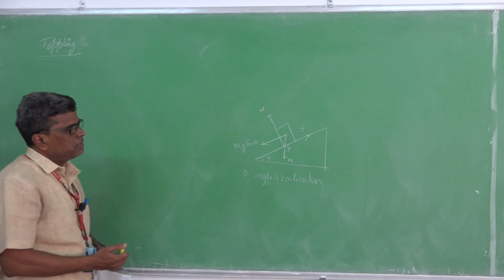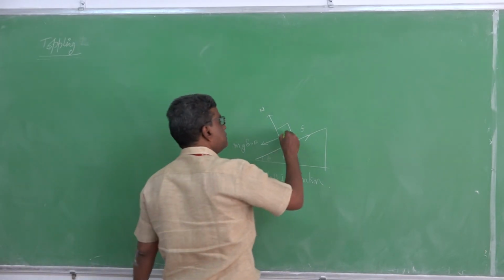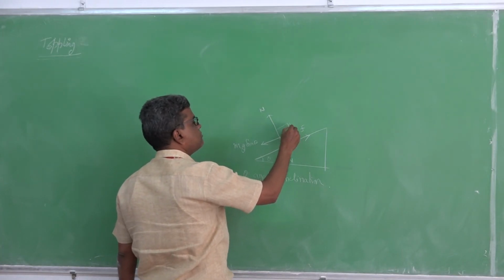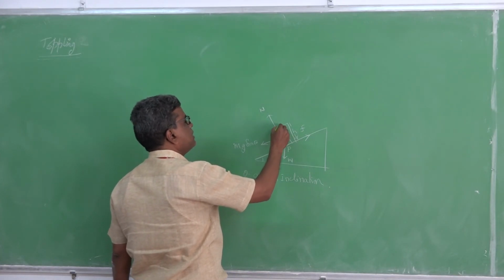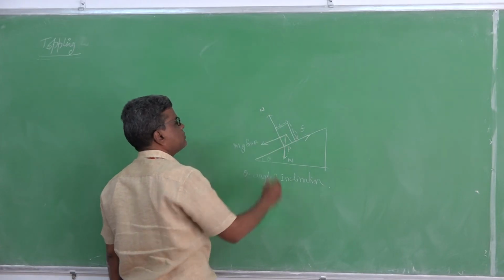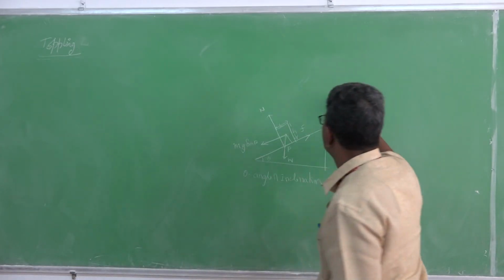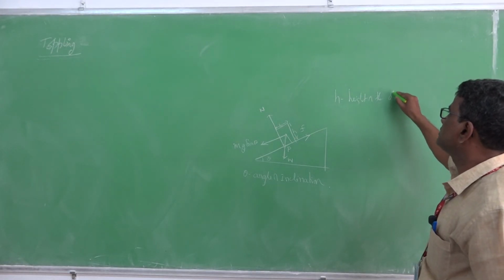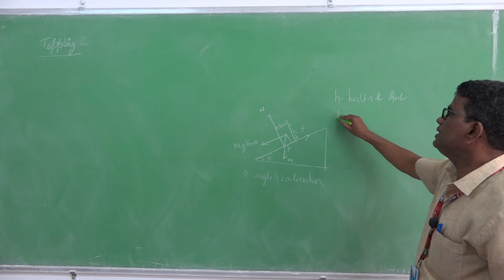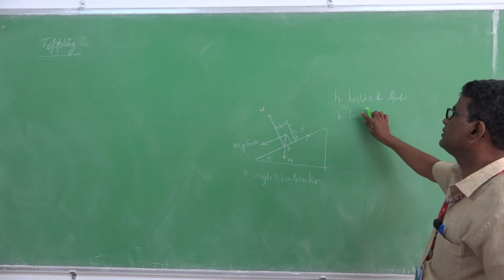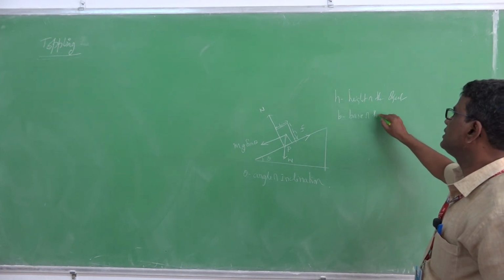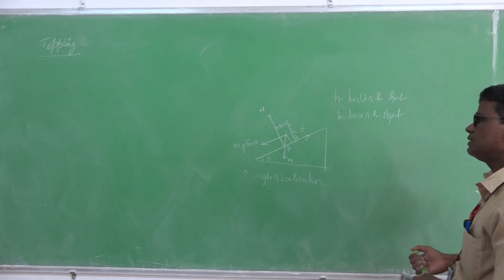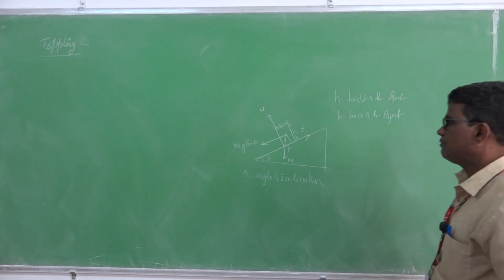This is the vertical line. Let h be the height of the object and b be the base of the object, as usual, that is the base on the inclined surface.